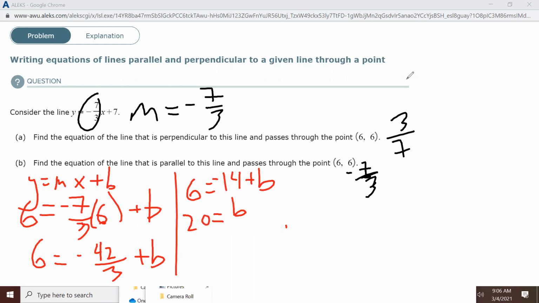And then I get an equation of the line y equals -7/3 x plus 20.